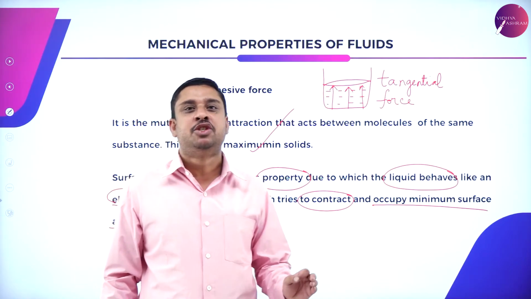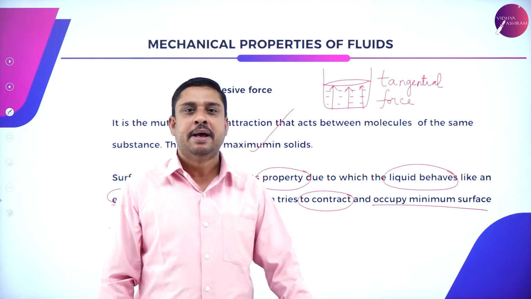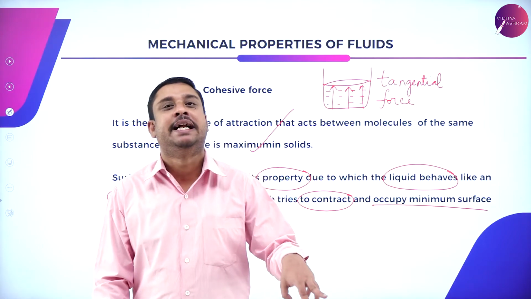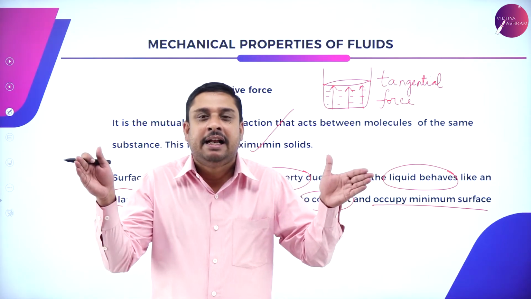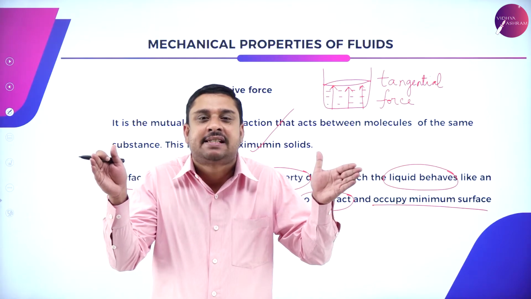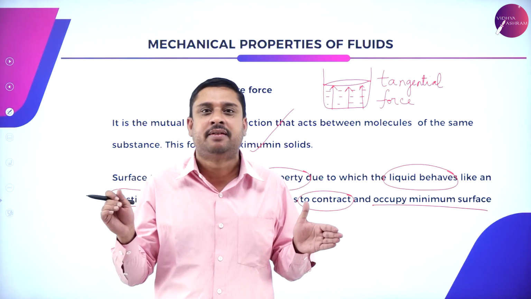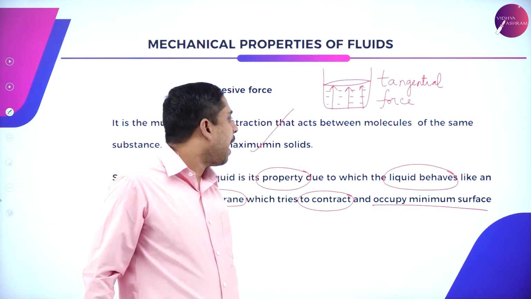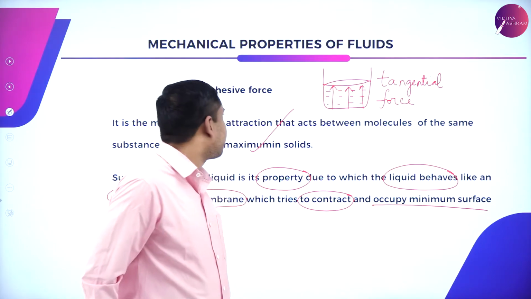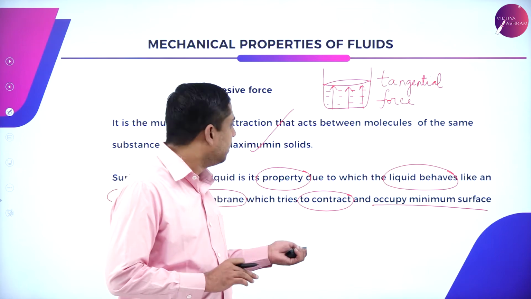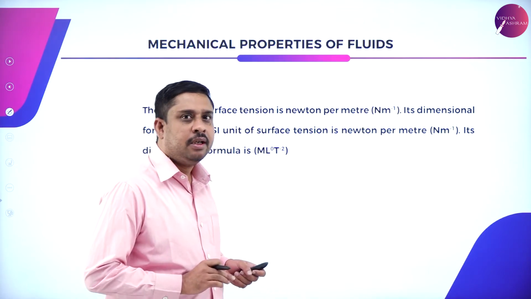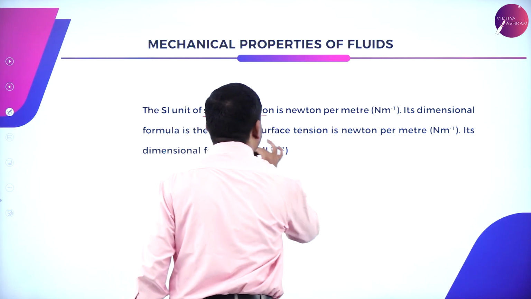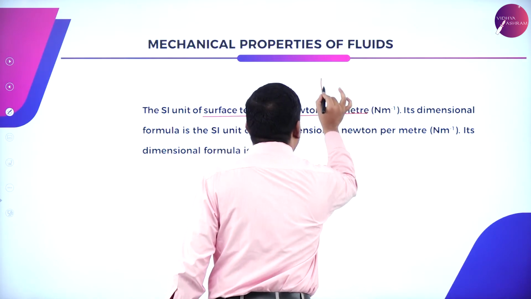Because of this tangential force, because of this force per unit length, the liquid behaves as an elastic membrane which goes on contracting and occupying minimum surface area. Therefore, the SI unit of surface tension is Newton per meter.